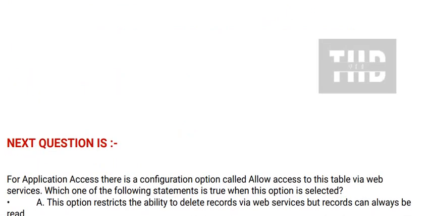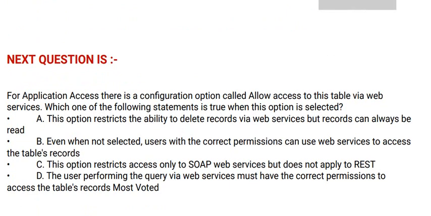Next question is, for application access there is a configuration option called allow access to this table via web services. Which one of the following statements is true when this option is selected? Option A: this option restricts the ability to delete records via web services, but records can always be read.